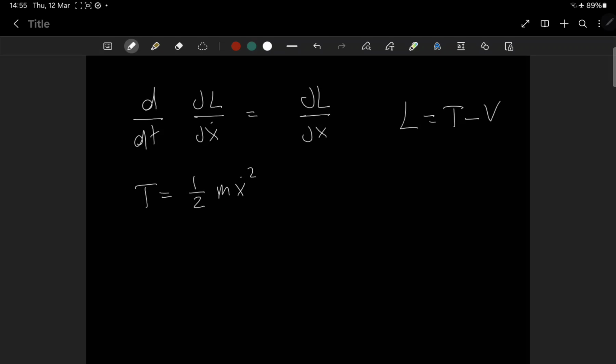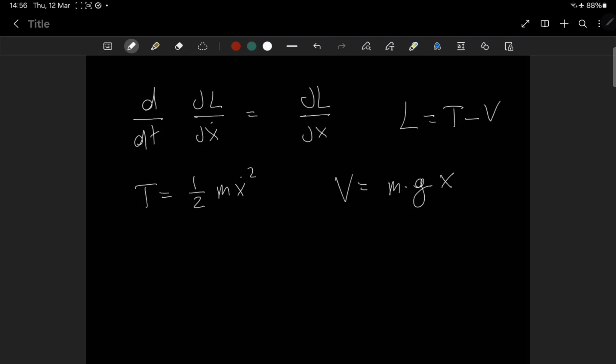We usually consider m to be a constant, so it doesn't change in time. And the potential energy is the mass of the particle times the gravitational acceleration times the height, and in this case we will use the letter x to denote the height.